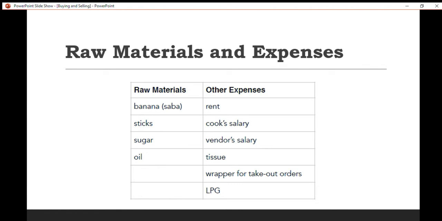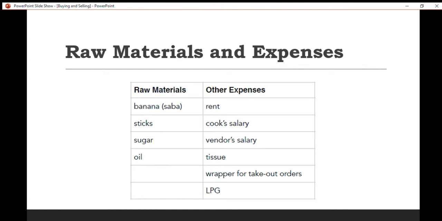And then the tissue, kapag halimbawa humingi yung customer ng tissue, and then kapag take out yung order, yung wrapper. So madalas kapag banana Q ang ginagamit for takeout ay banana leaves o kaya naman ay plastic. And of course, yung LPG pa na paglulutuan. Okay? So, mas madami yung other expenses compared to raw materials.